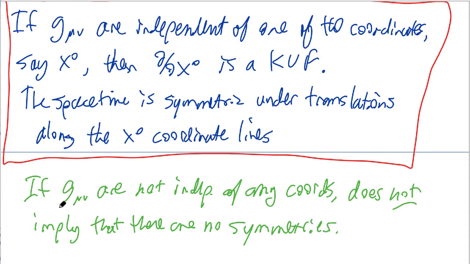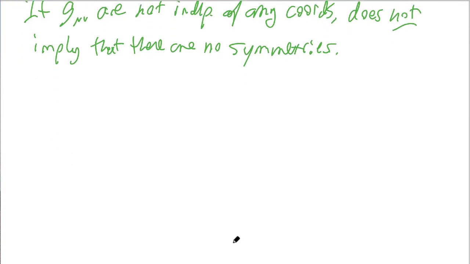We can have a metric whose components depend on all of the coordinates, and there are still symmetries. It's just that the Killing vector fields don't line up with the integral curves of any of the coordinates. Let's look at an example.